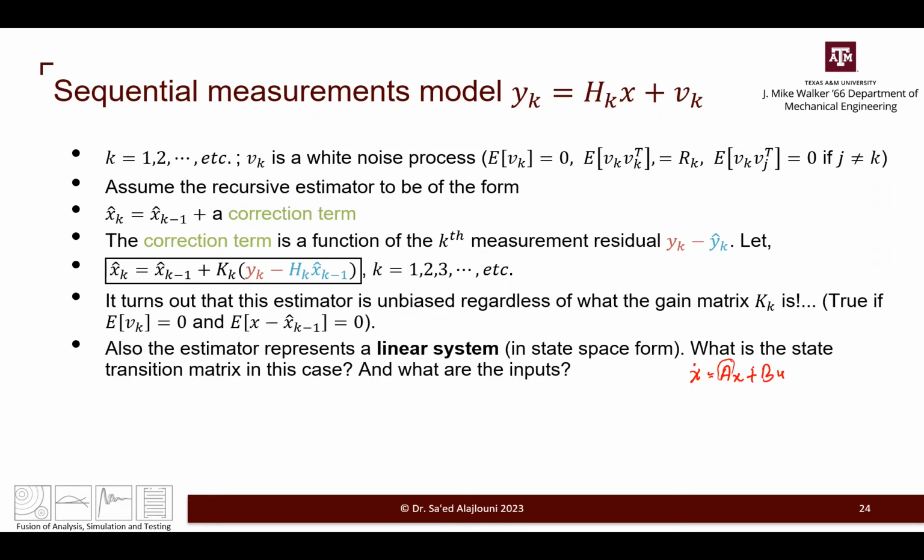If you discretize this equation, you get x of k equals some discretized A times x of k minus 1 plus B times u. So this is the state transition matrix. What is the state transition matrix in this case? It's what's multiplying the x hat.